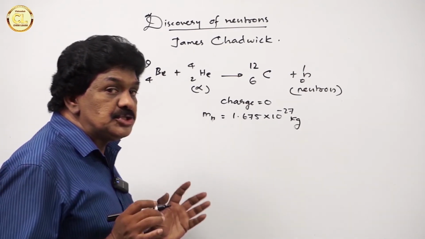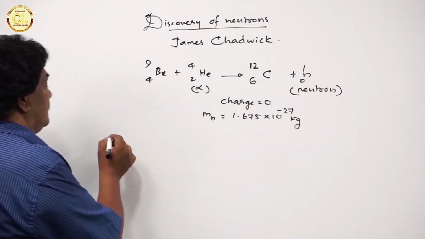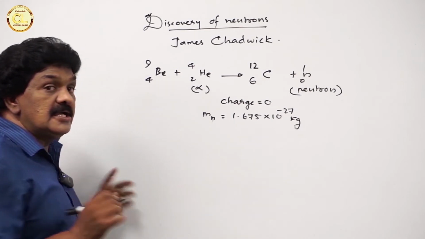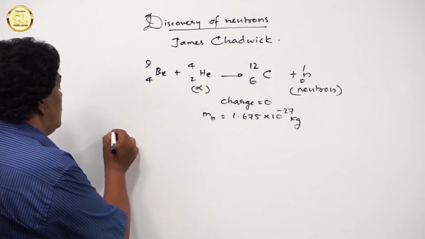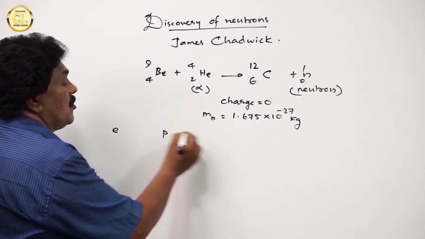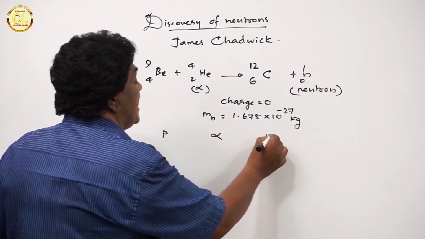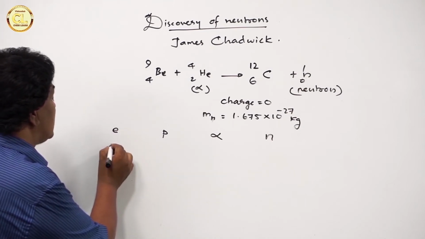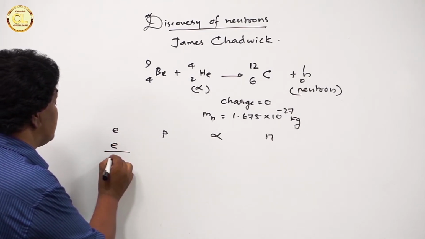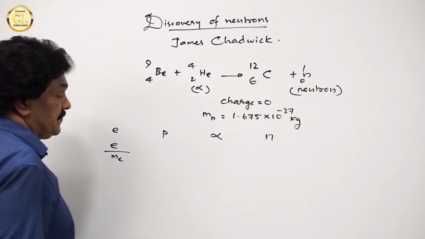Sometimes we may be asked a question: arrange the following in the order of their e by m values. Electron, proton, alpha particle and neutron. You know that e by m of electron can be expressed as charge by mass of the electron.